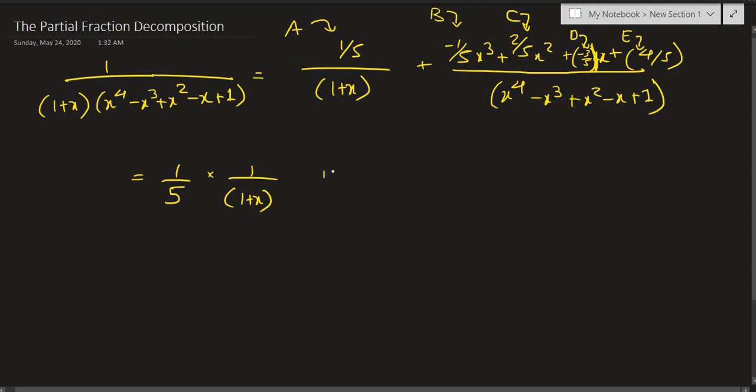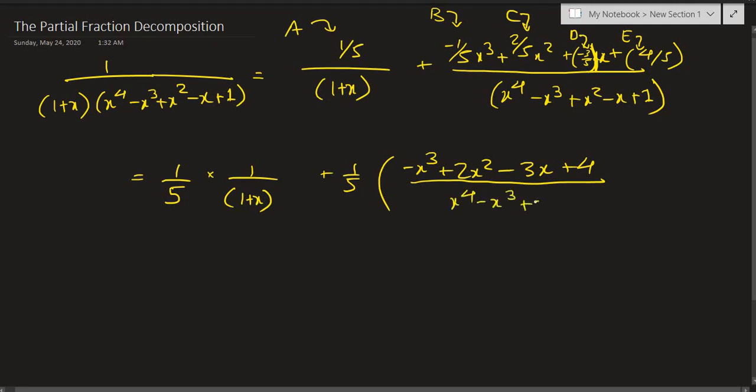We can also remove the 1/5 factor over here as well. We have 1/5 times negative x cubed plus 2x squared minus 3x plus 4, divided by this denominator x to the fourth minus x cubed plus x squared minus x plus 1.